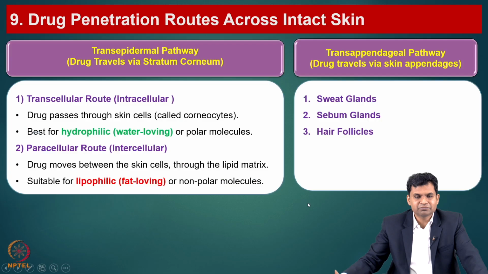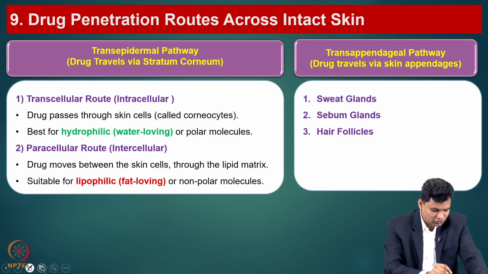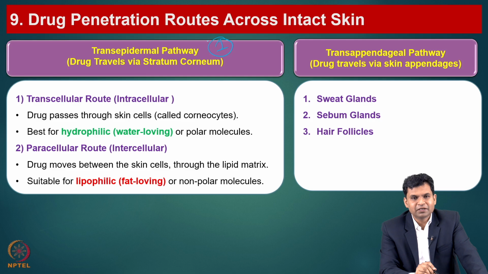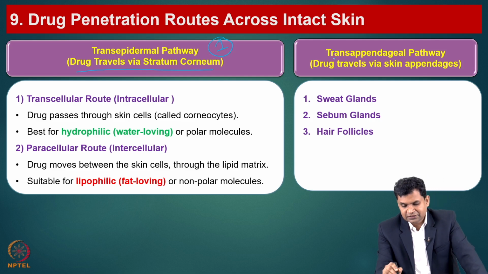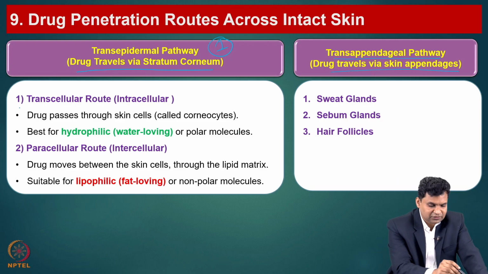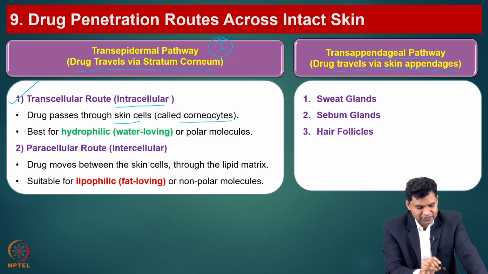Here you can see some theory also that will help you. The first one is the transepidermal pathway, where the drug travels via the stratum corneum, and in the transappendageal pathway, the drug travels via skin appendages. The first route is transcellular, that is called intracellular, where the drug passes through the corneocytes.